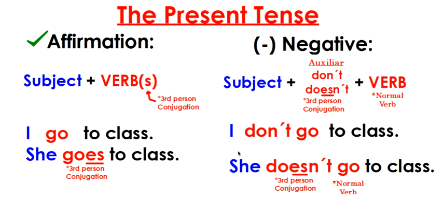For example, I don't go to class. And she doesn't go to class. With she, we use the third person conjugation on the auxiliary and the normal verb. All right.